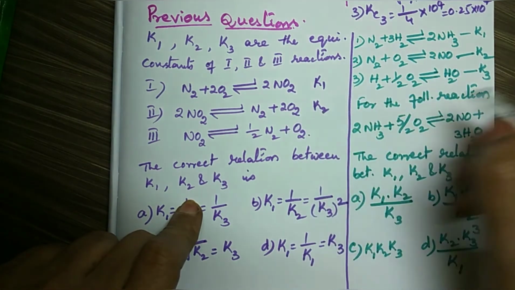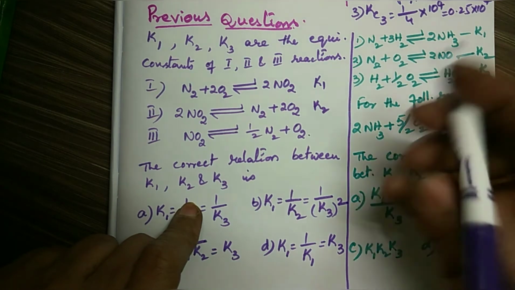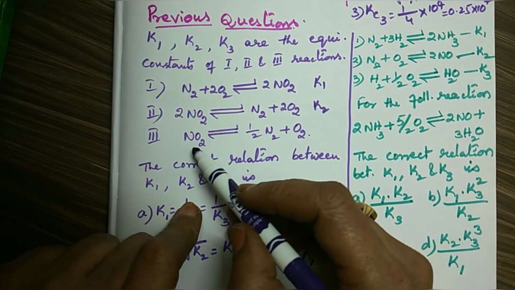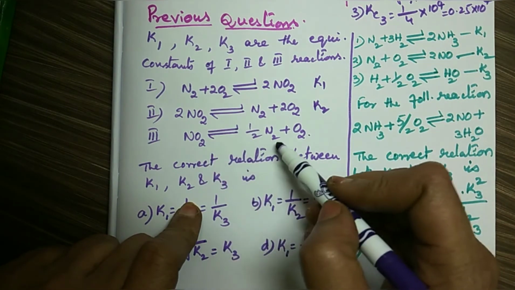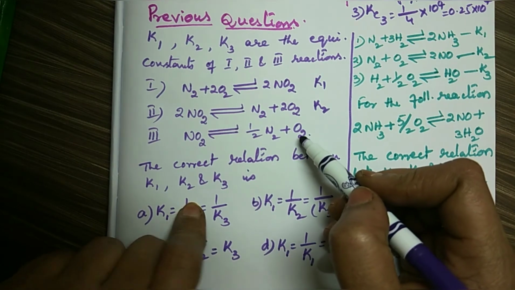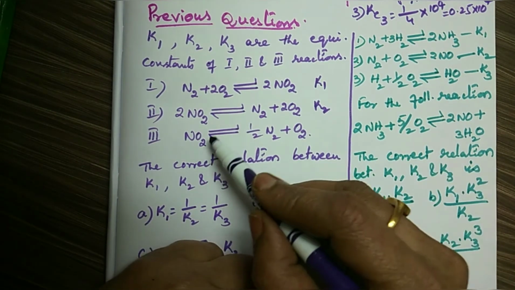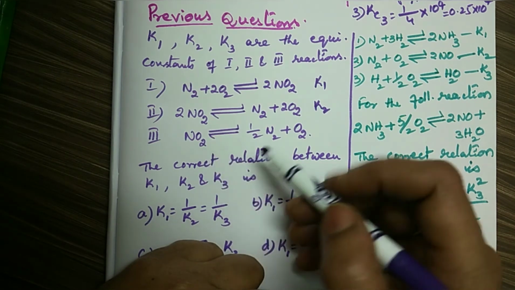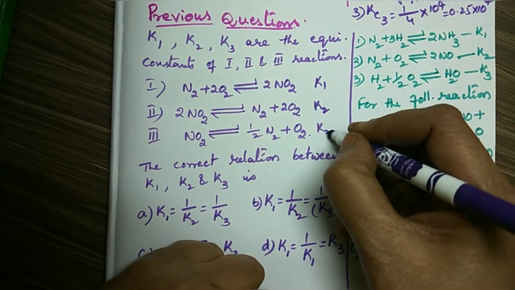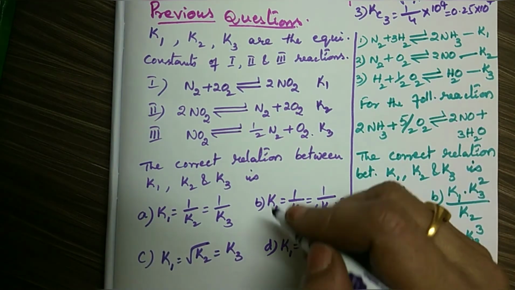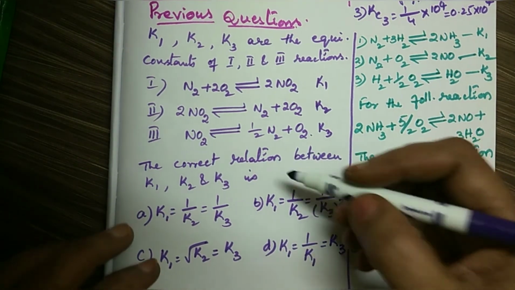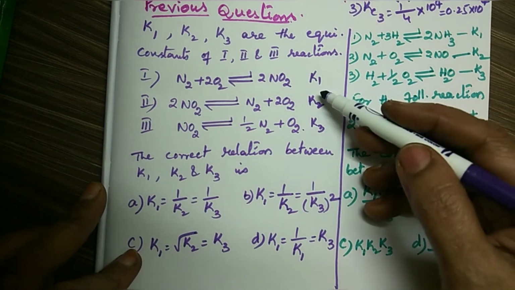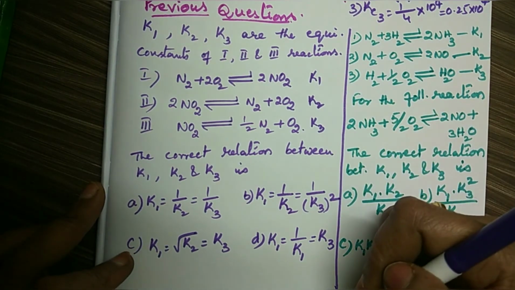It is K2. And NO2 giving half N2 plus O2 is the reverse of the first reaction and the concentrations are becoming half. It is K3. In the problem, these are given. What is the correct relation between K1, K2 and K3?